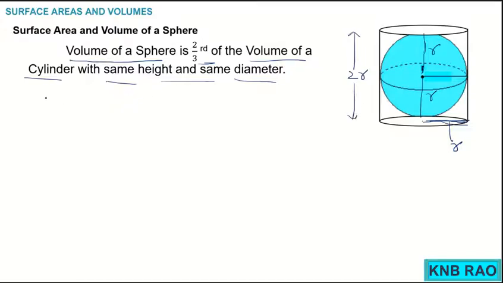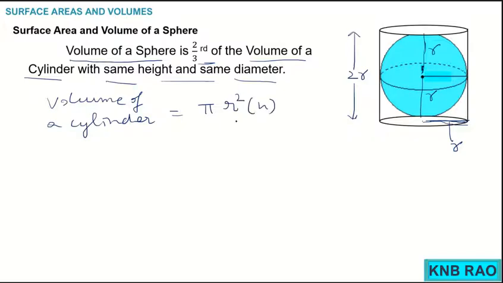Now you know the volume of a cylinder is found with the formula pi r square into height.